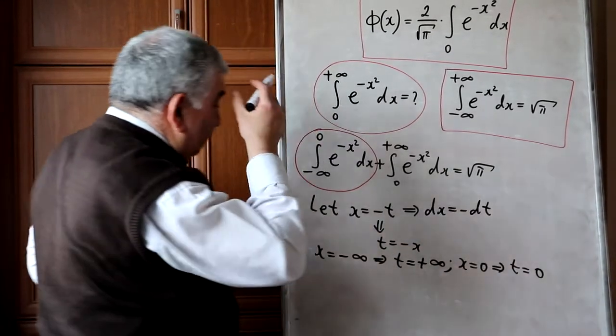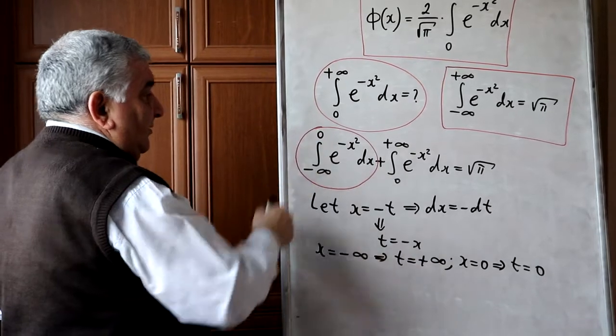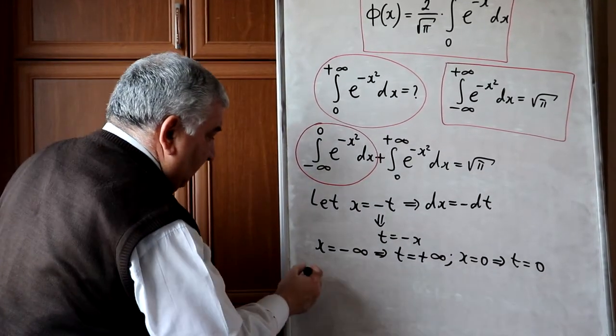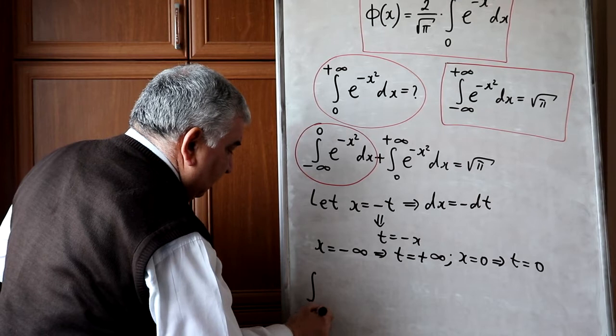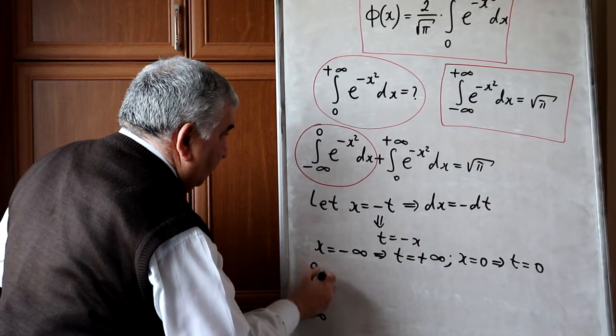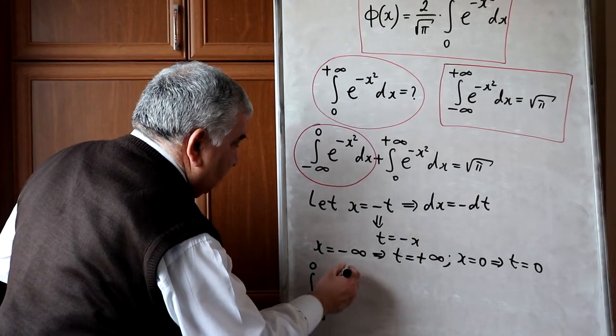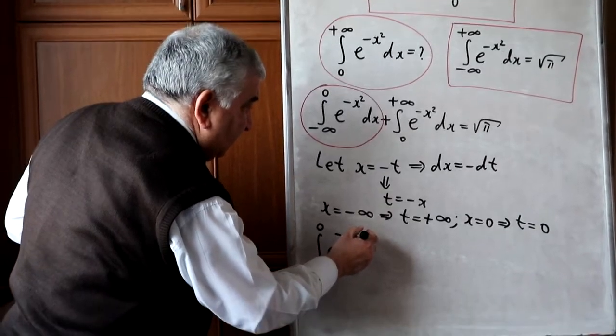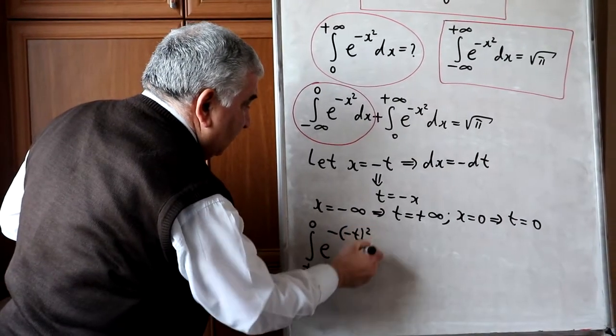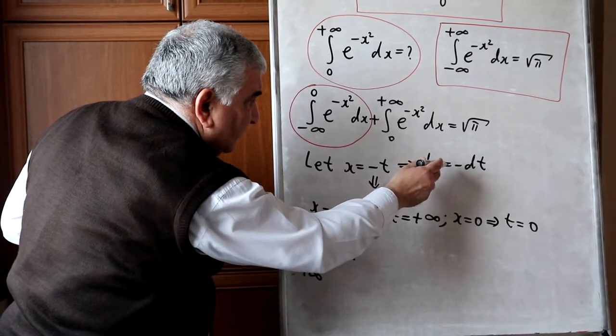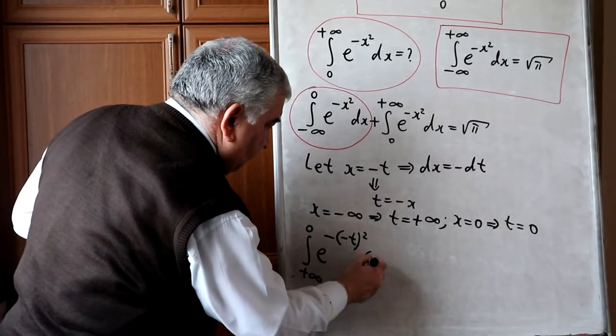Then rewrite the first integral from plus infinity to 0 of e to minus t squared, and dx will be minus dt.